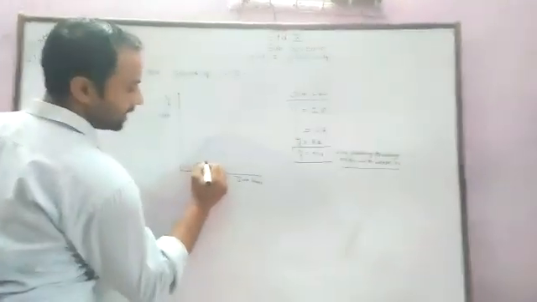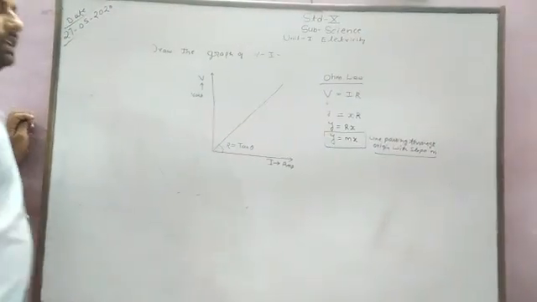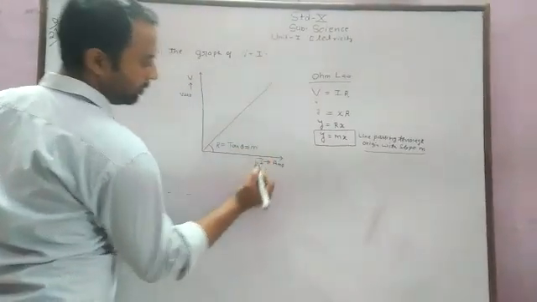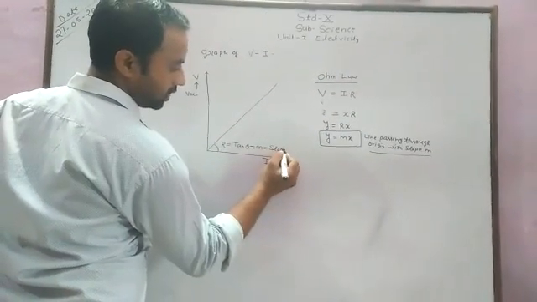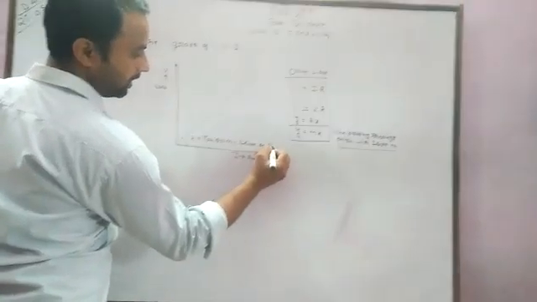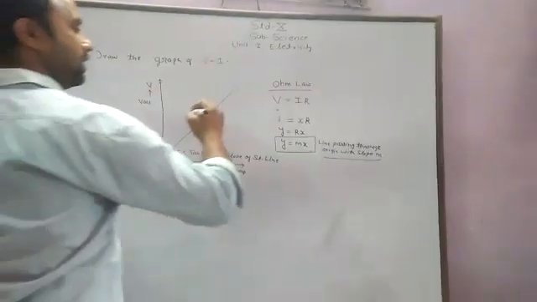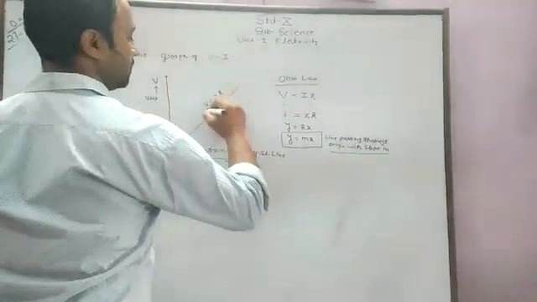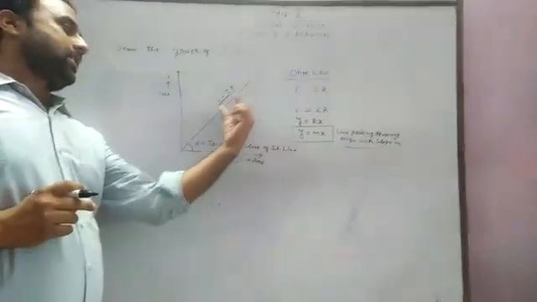Actually this is tan theta, which is also called m, the slope of the curve. This is the slope of a straight line. V is equal to I into R, a straight line which is passing through the origin.